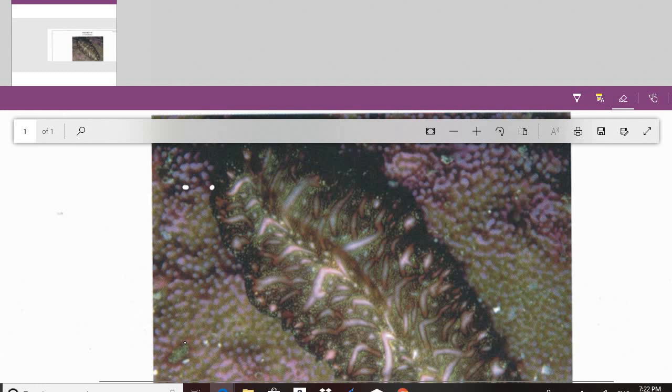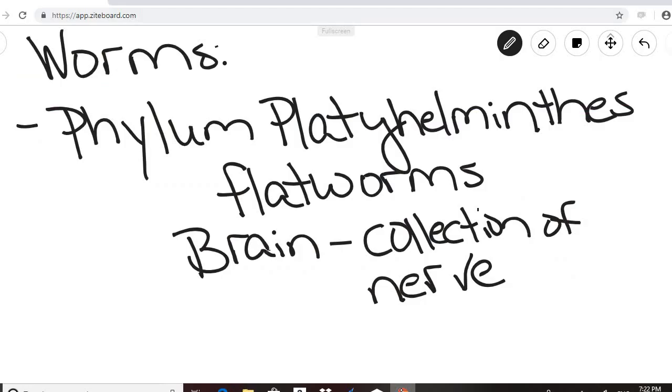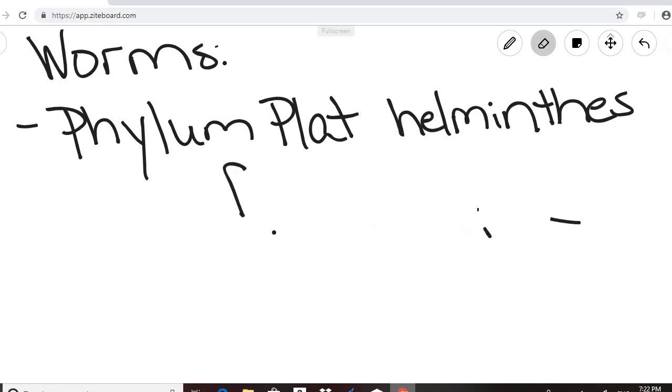Okay, so Turbellaria is one type of the flatworms. Another category. So we have flatworms, and one that we just mentioned are the Turbellaria.